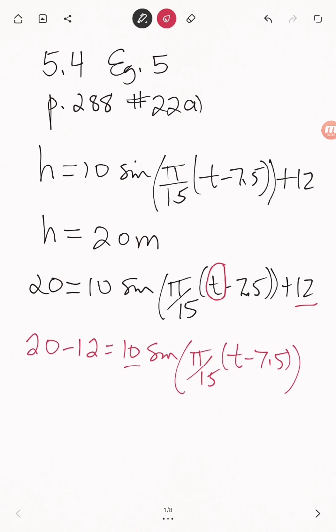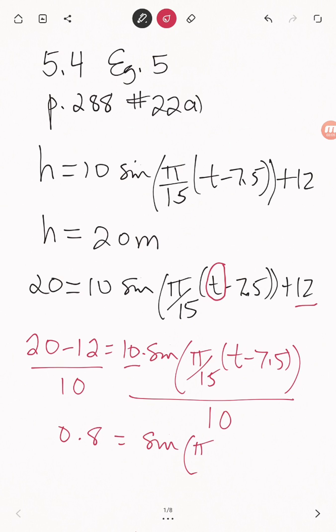What is the operation between the 10 and the sine function? Multiplication. How do I undo that? I have to divide. So I'm going to divide both sides of the equation by 10. 20 minus 12 is 8. Divided by 10 would be 0.8 on the left-hand side. And then on the right-hand side, we still have sine of pi over 15 times t minus 7.5.